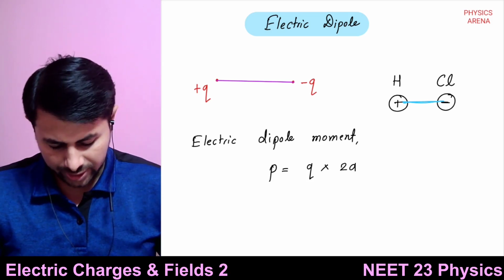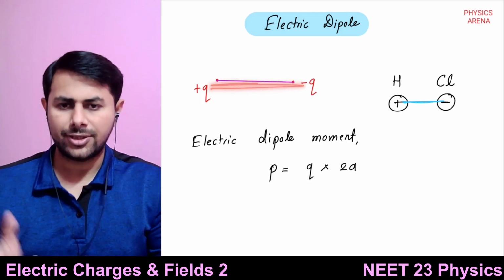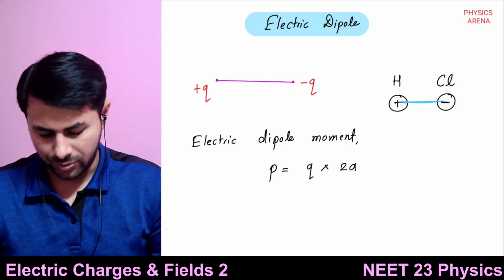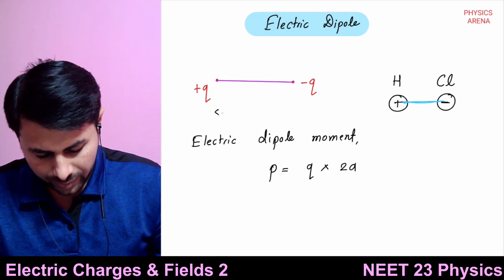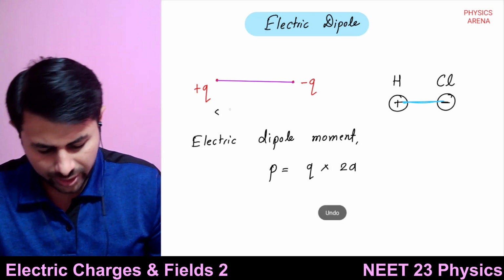The distance between these two charges is written as 2a, or 2d, for convenience.